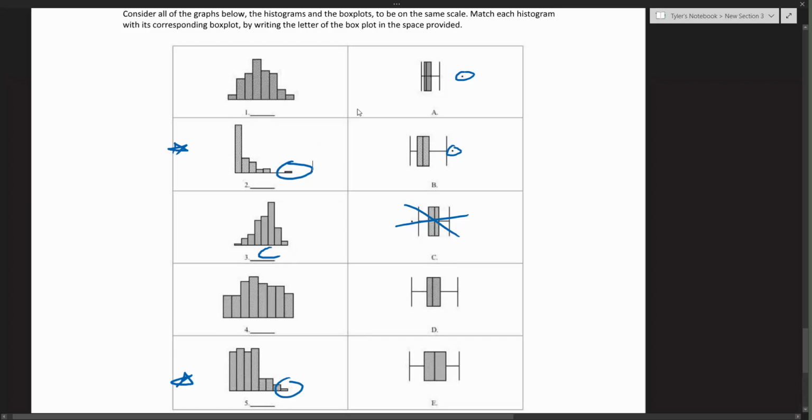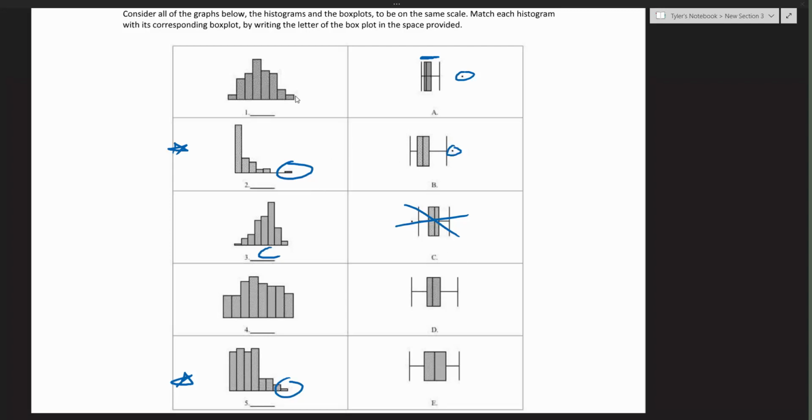Then comparing these two box plots, A and B, notice in A the data looks smushed together. There's not a lot of gap in between, and the outlier is further away from the bulk of the data. If we look at B, the data is not so smushed together, and the outlier is closer to the data.